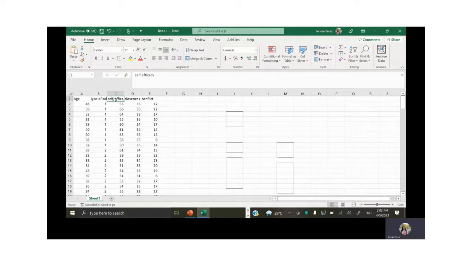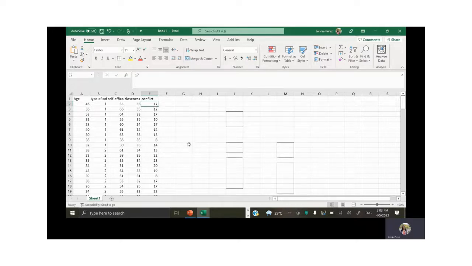This column is for self-efficacy scores, and column D is for closeness and column E for conflict. Say, for example, respondent 1, his age is 46, type of school setup is homeschool, his score in self-efficacy is 53, closeness score is 35, and conflict score is 17.